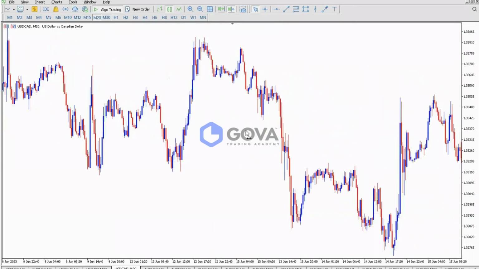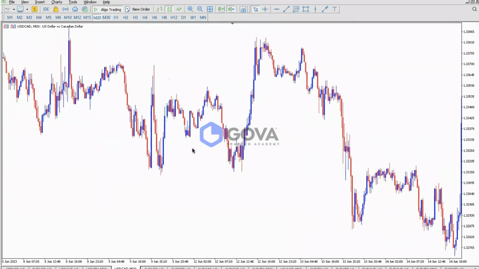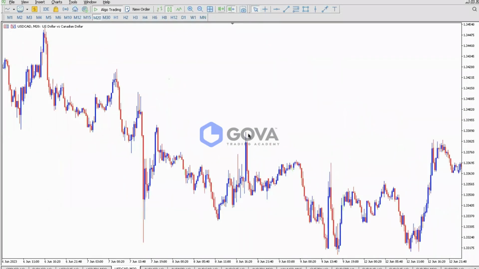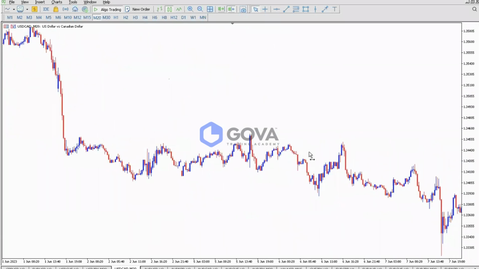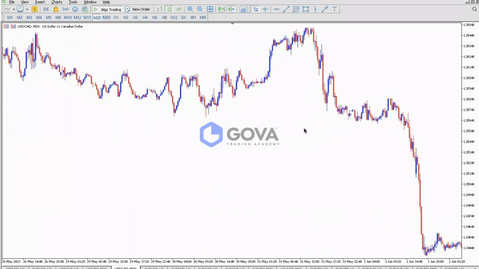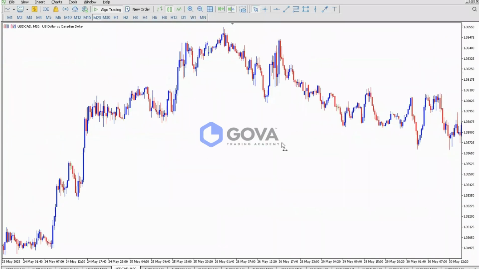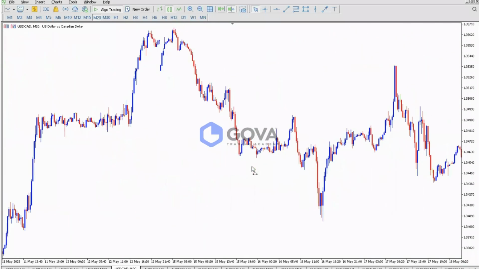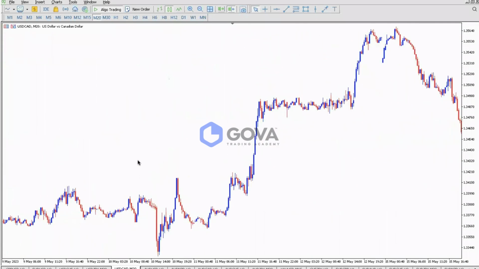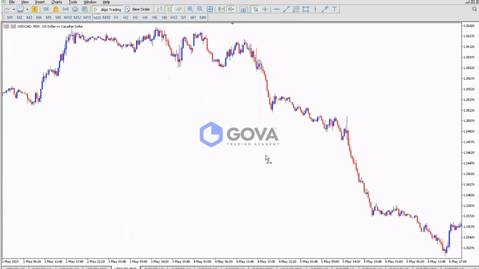So let me look for an example of basing candlestick. You can see here's an example. Let me look for a basing candlestick that worked out so that you'll be able to know how that area was marked. All right, hold on.